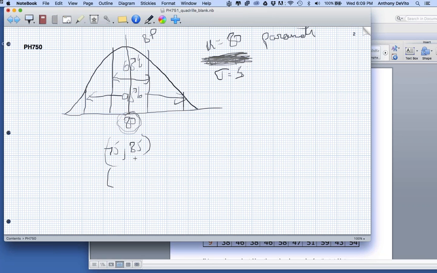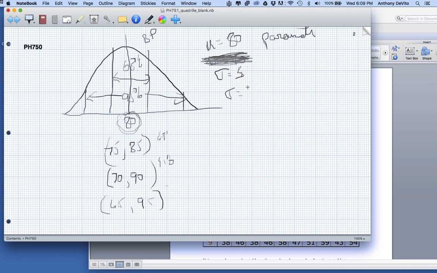And 95% of this population has a blood pressure between 70 and 90. And 99.7% of the population, 65 and 95. So if this were true.